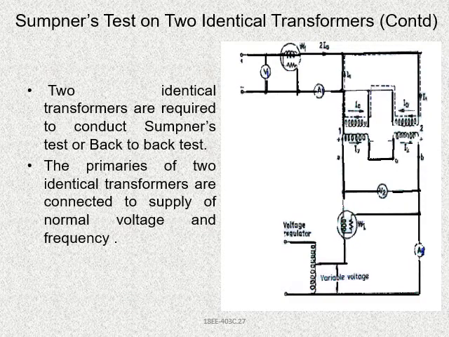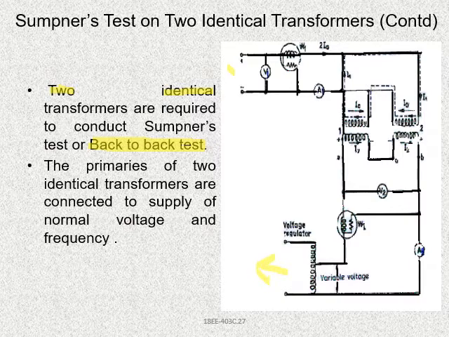See here, two identical transformers are required to conduct Sumpner's test, and it is also called the back-to-back test, because we are taking the supply over here, and again from the secondary we are giving to the supply.